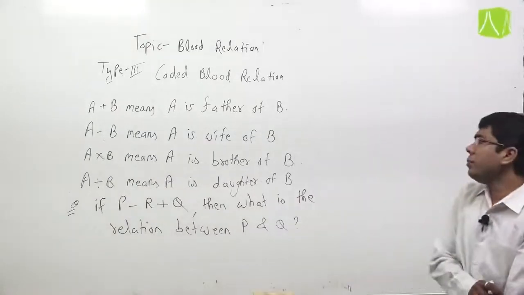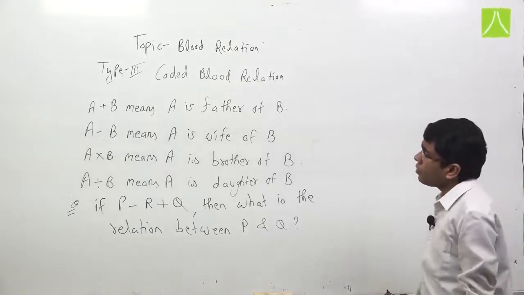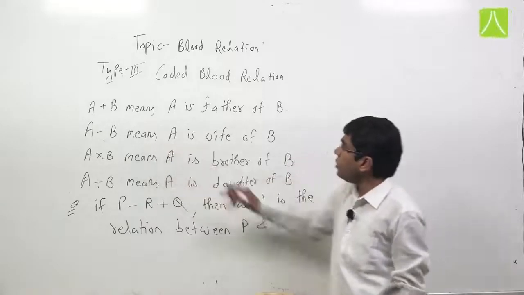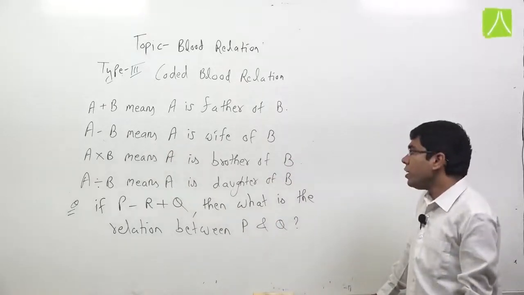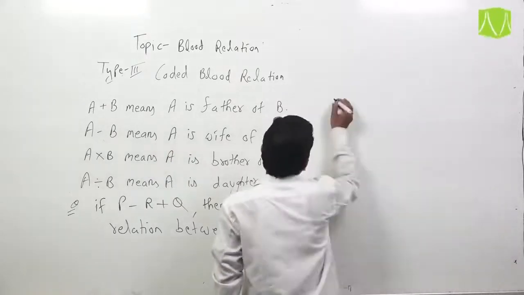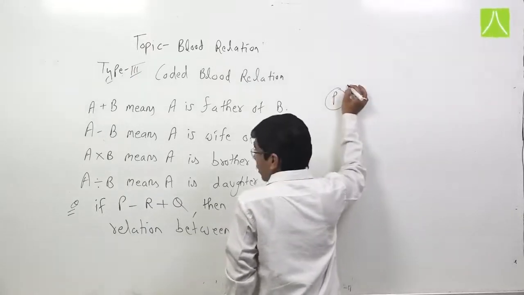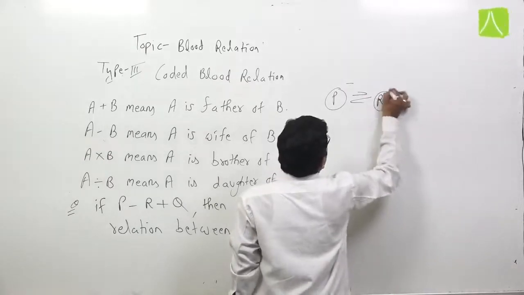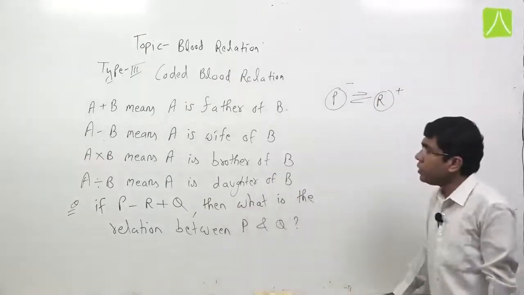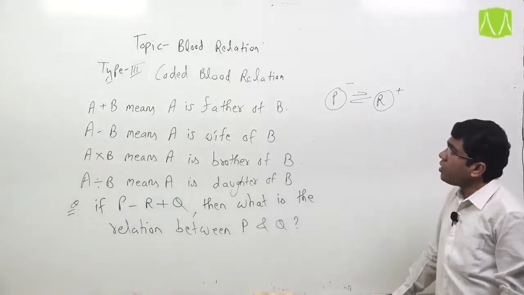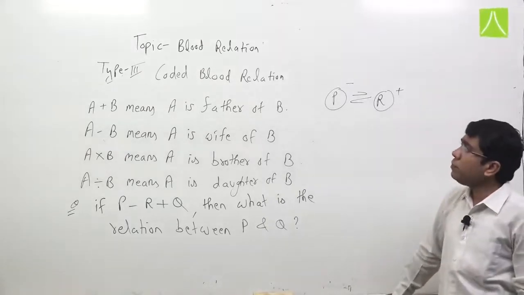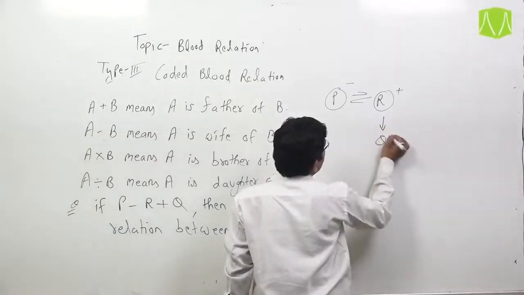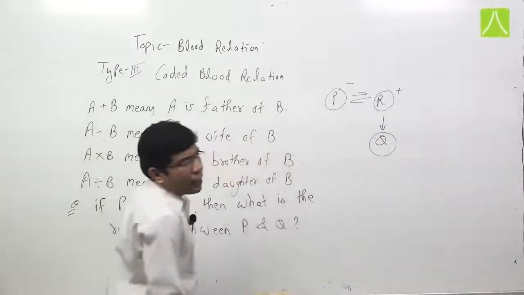Now for this statement we can draw the diagram according to the coding. P minus R: we know A minus B means A is wife of B. So P minus R means P is wife of R, and R plus Q, A plus B means A is father of B, so R plus Q means R is father of Q. This is our diagram.